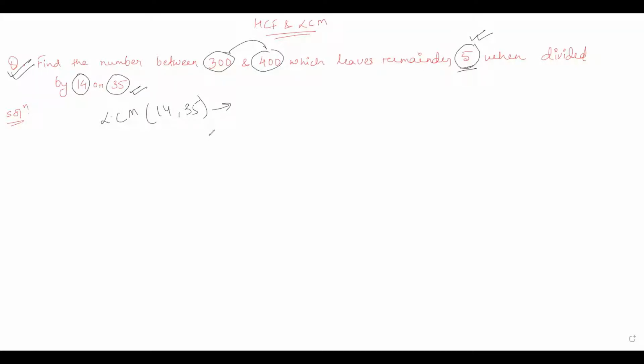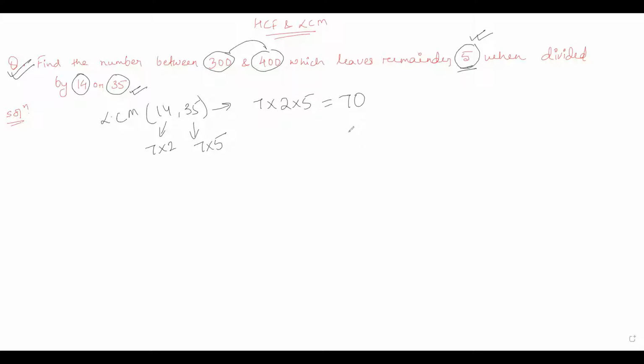So let us first try to find the LCM of 14 and 35. So 14 is nothing but 7 times 2 and 35 is nothing but 7 times 5. So we can say that the LCM of 14 and 35 would be 7 times 2 times 5, that would be 70. So that means 70 is that least number which is divisible by 14 and 35 completely.